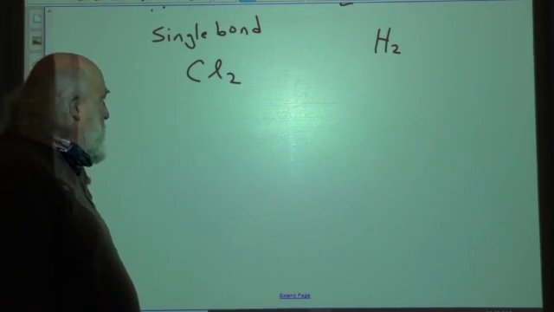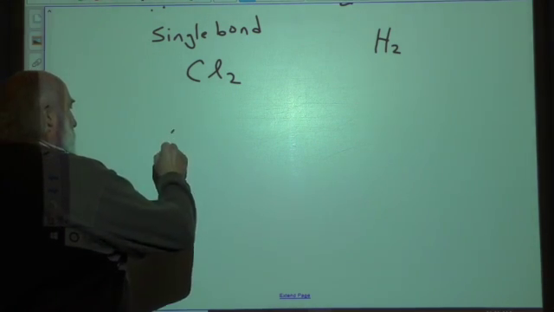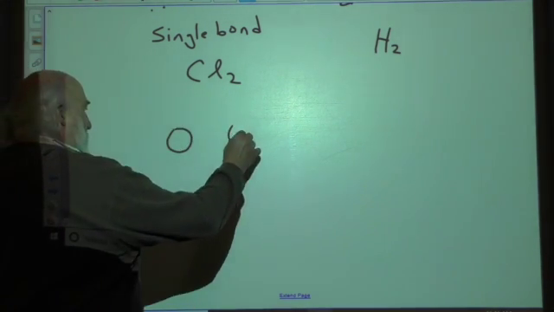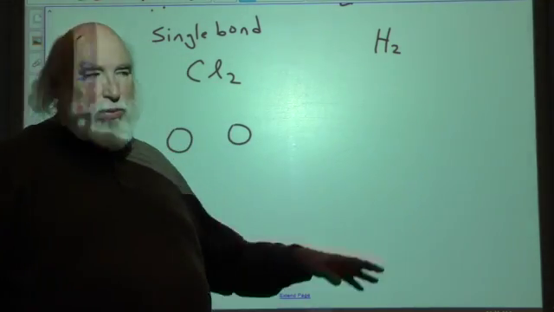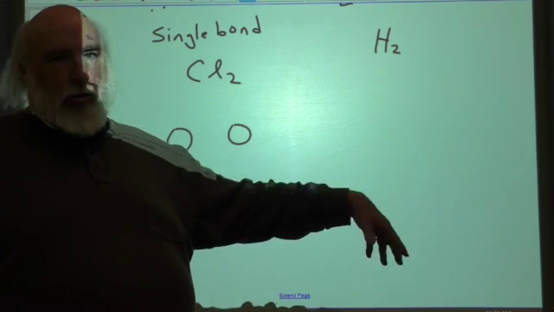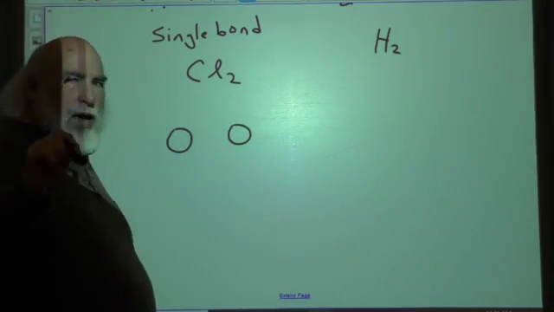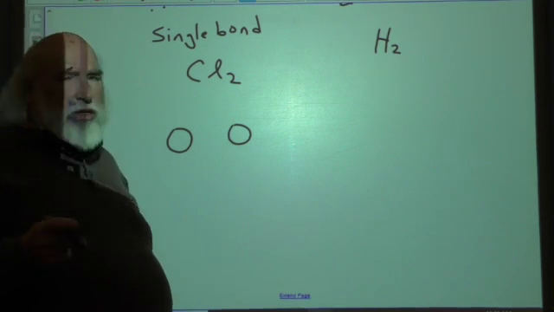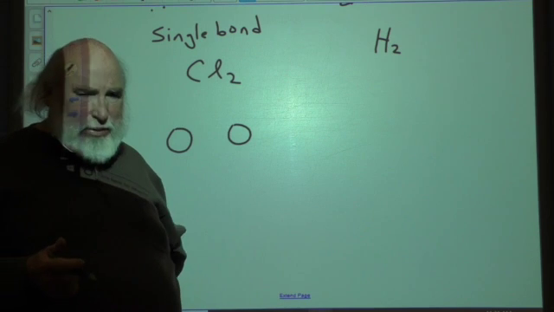Now, that brings us up to oxygen. Oxygen is also diatomic. And the reason for that is because it does the same thing that chlorine and hydrogen do, except a little different. Now, take a look at oxygen. You see that the oxygen is in what A column?